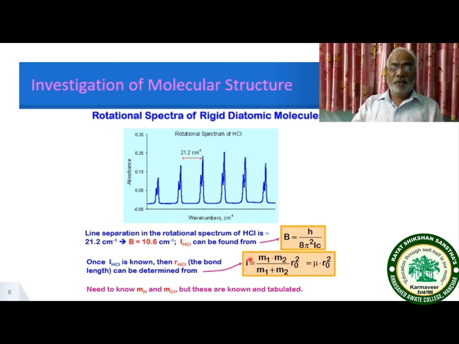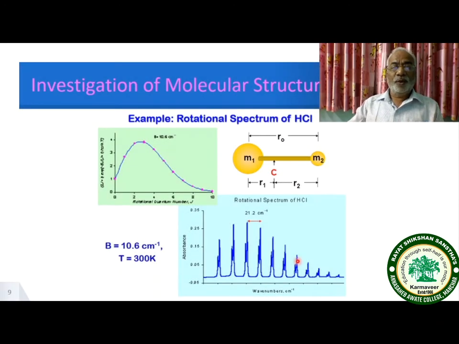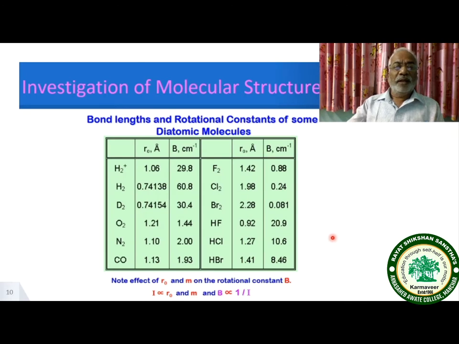Or knowing the moment of inertia and the atomic masses, the bond distance can be evaluated. And it can be shown in this graphic, the evaluation of bond distances. See, the bond distances are shown. Here the value of B is represented for HCl, and the bond distance is evaluated as 1.27 angstroms.